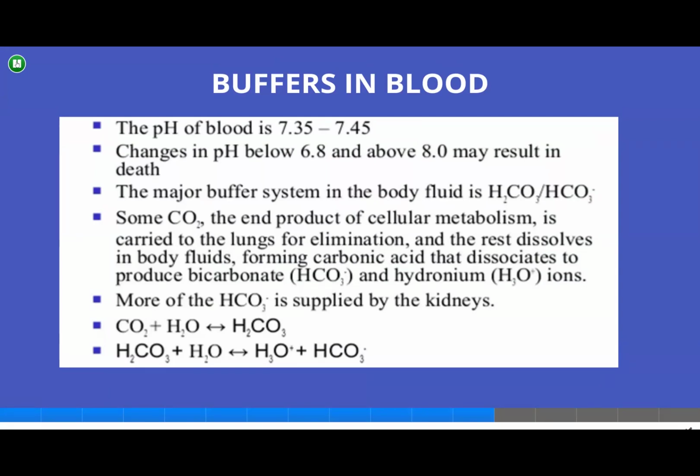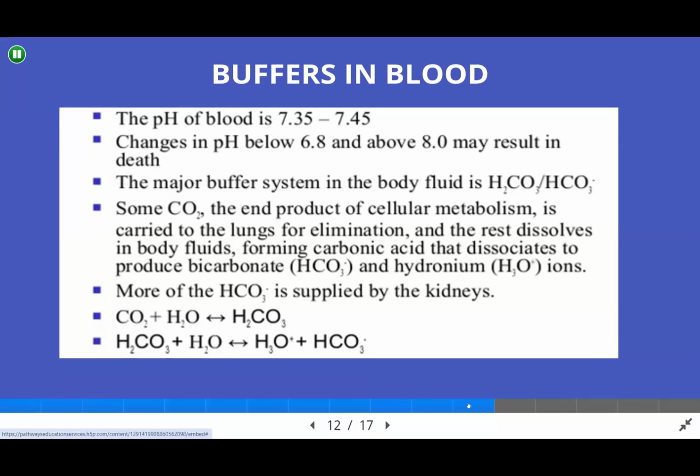For example, some CO2, carbon dioxide, which we know is a waste product in cellular metabolism, is carried to our lungs for elimination, but the rest of it dissolves in our bodily fluids, which forms carbonic acid, which dissociates to produce bicarbonate and hydronium ions. So again, it's contributing to that buffer system. Here are the equations showing it.